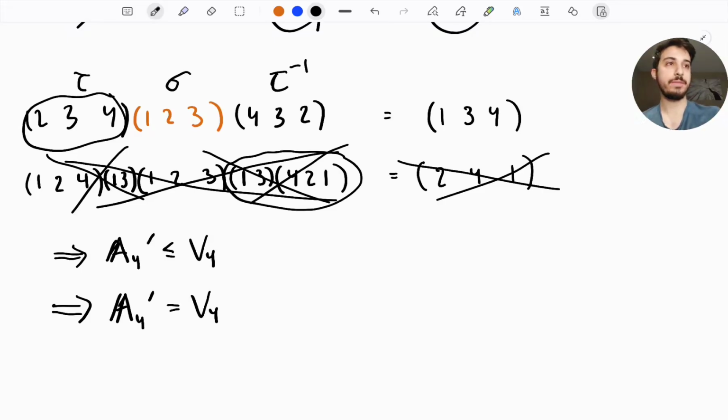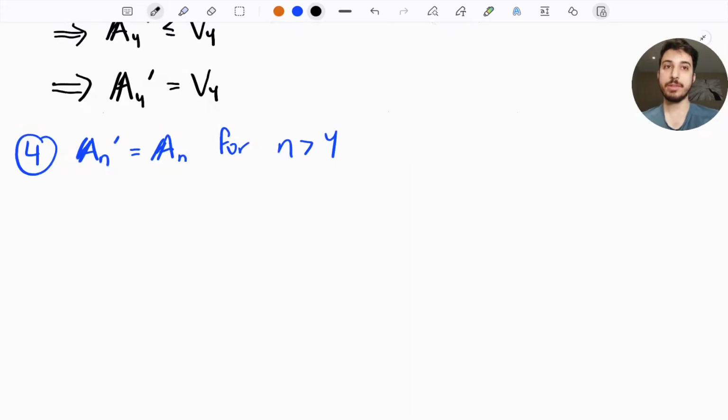To prove the last part of the proposition, we want to show the equality of sets A_n prime is equal to A_n for all integers n bigger than 4. We will use again the double inclusion. The first inclusion is quite easy. We already know that the commutator subgroup is a subgroup of the original group. So this is already done.